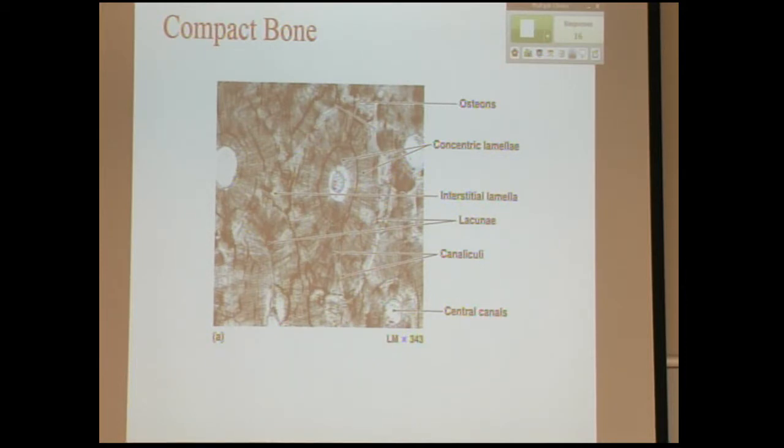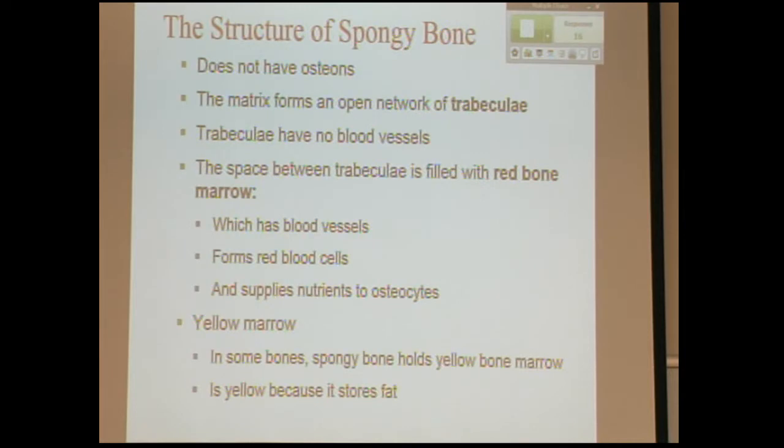So if you sliced a bone, like if you sliced my arm this way, you'd see osteons like that, arranged sort of parallel to each other. And if you looked at spongy bone, you don't have osteons like that.